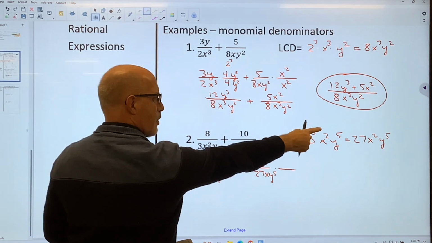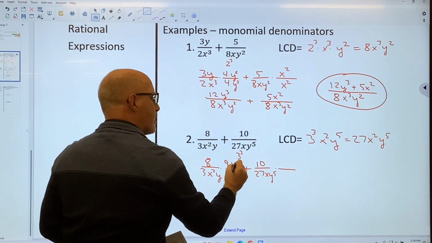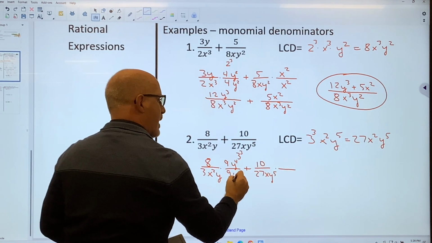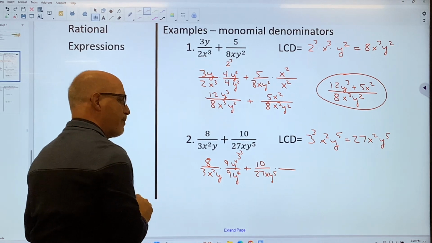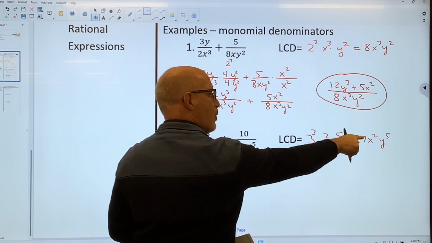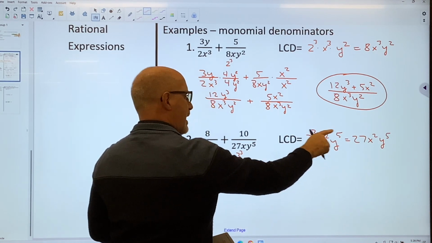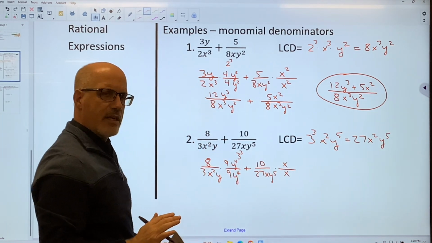I've got the x squared, I have 1 factor of y, I need 5 factors of y, so I need 4 more factors of y here for this term. Let's do this one now. I've got the 27, I've got an x, I need 1 more x there, so I'm going to make this x an x, and I've got the y to the 5th, so I don't need any more.